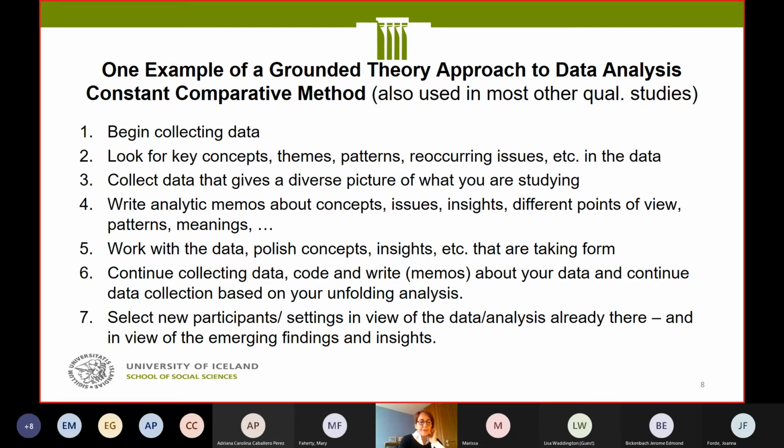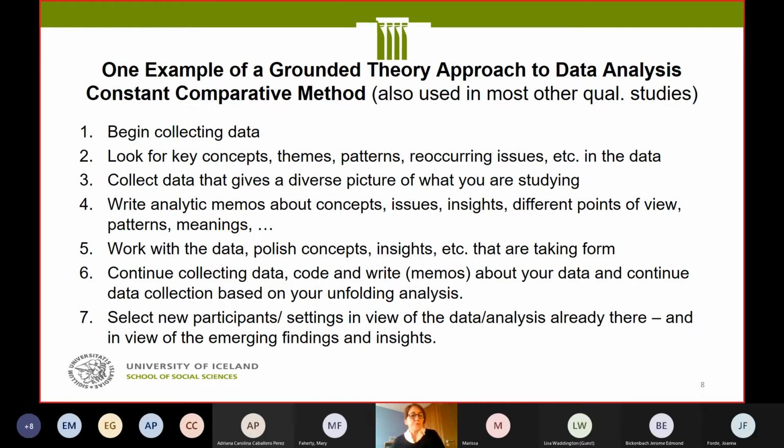Some people identify themselves as doing grounded theory, and there is a certain body of literature on grounded theory, but also those who identify themselves as doing discourse analysis do really, really systematic coding, even more systematic than in grounded theory, but they're looking for different things, which I cannot go deeply into.